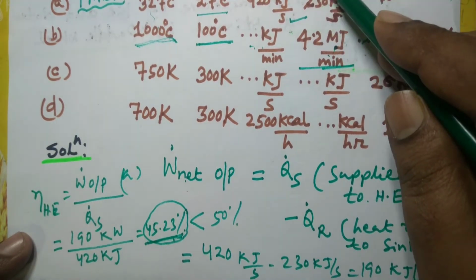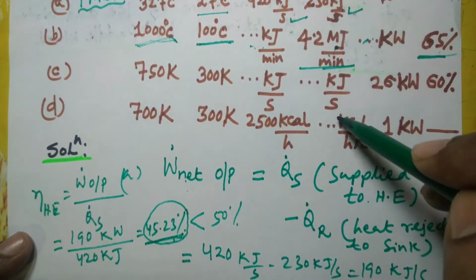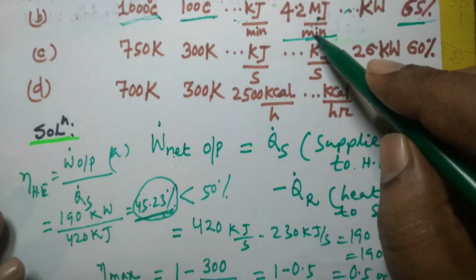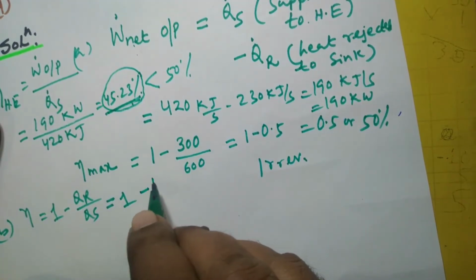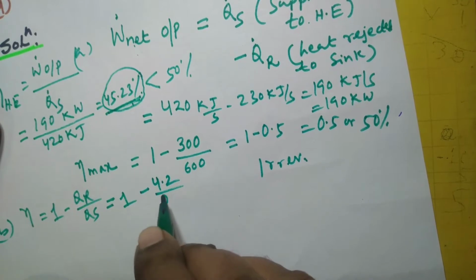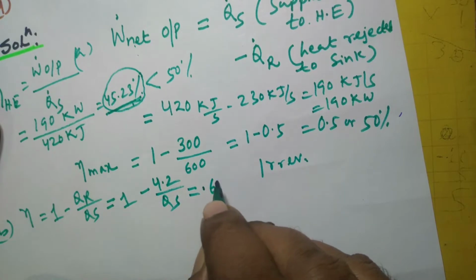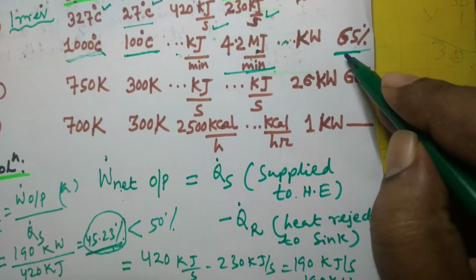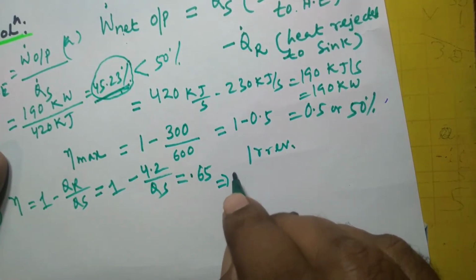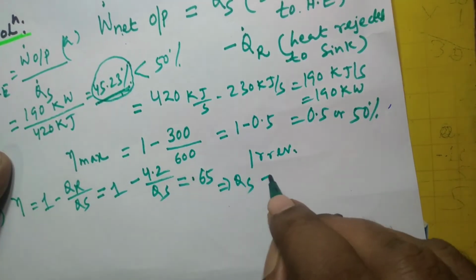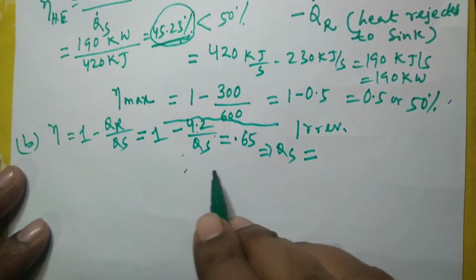This column is for heat supply, the second column is for heat rejection, and in this case heat rejection is 4.2 megajoule per minute. So 1 minus 4.2 divided by QS, and this is already given to be 0.65, since 65% is the efficiency. From this equation QS can be found out: 1 minus 4.2 by QS is this much.